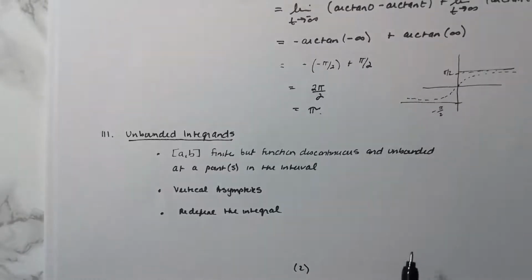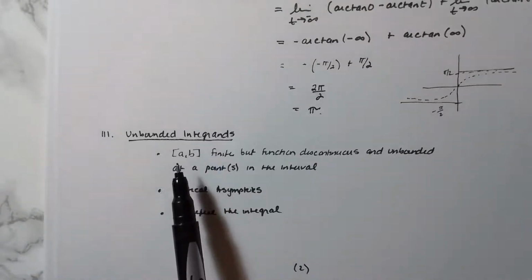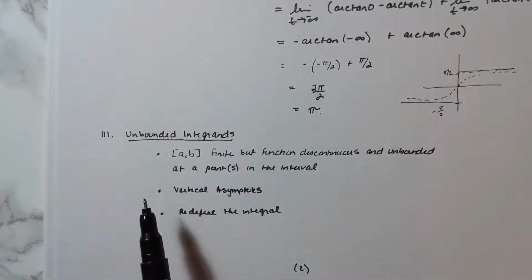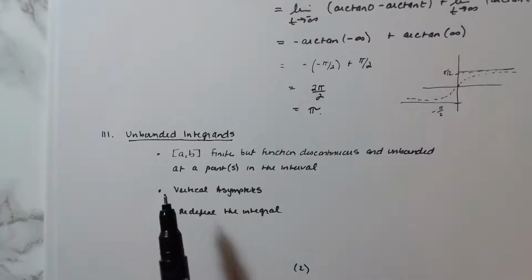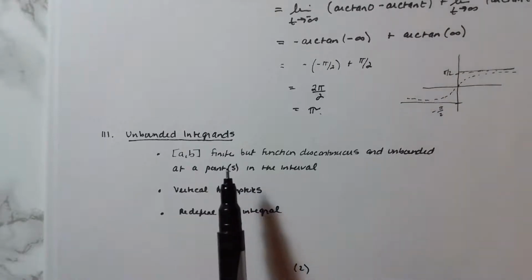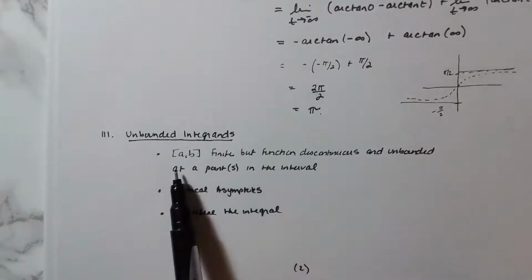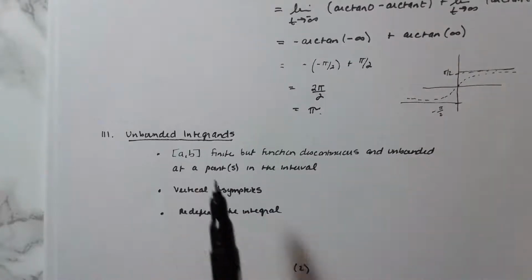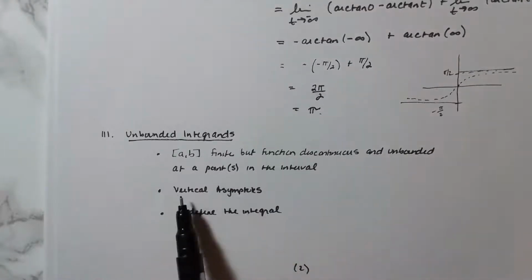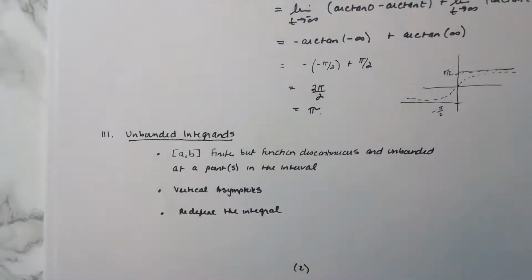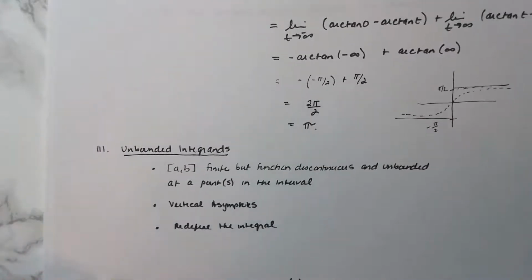The interval can be finite, but the function can have a point or points of discontinuity or unboundedness somewhere inside or in between. It could happen at the endpoints too. But again, we're going to have these vertical asymptotic situations, and so we're going to have to redefine the integral in order to work with it.